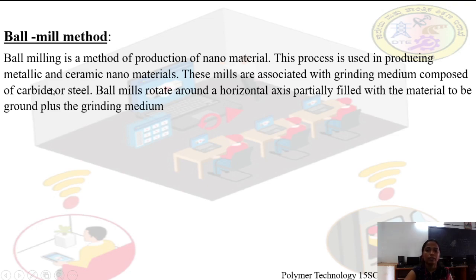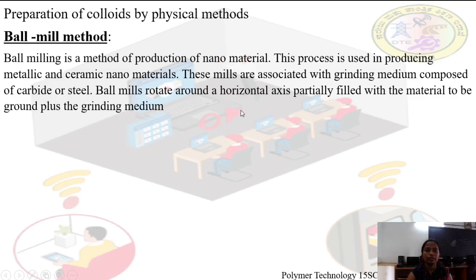Ball mills rotate around a horizontal axis, partially filled with the material to be ground plus the grinding medium.